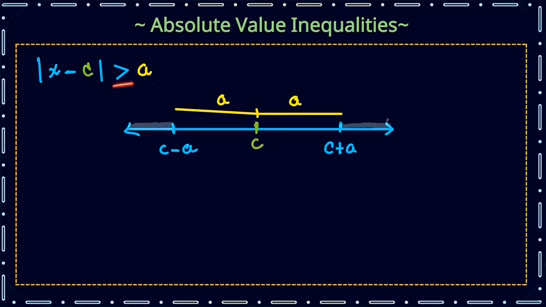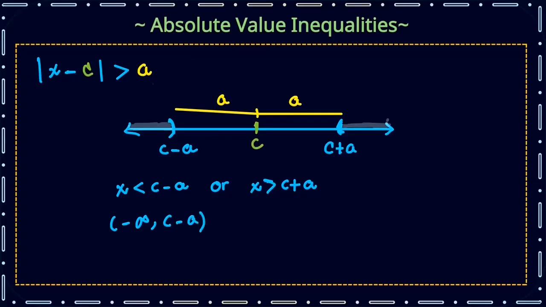If we have exclusion, we do not have the equal sign, then we must use parentheses. Therefore, we can translate this inequality to x being less than c minus a, or x being greater than c plus a. In interval notation, it's negative infinity to c minus a. That's a representation of this interval in interval notation.